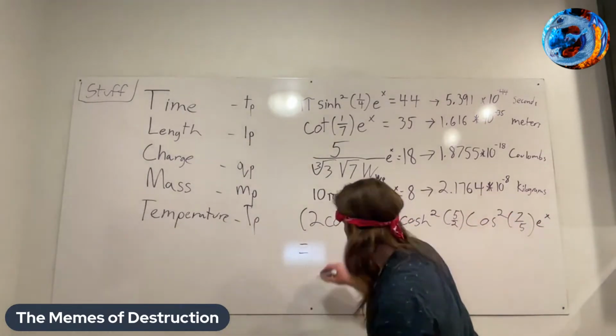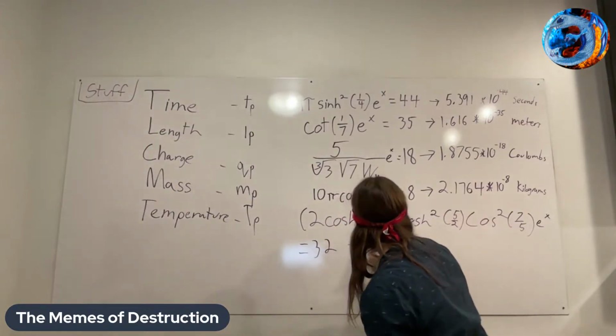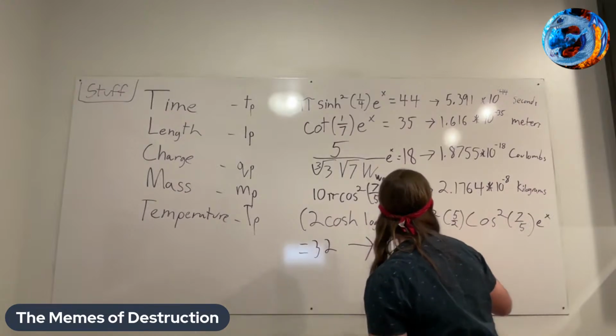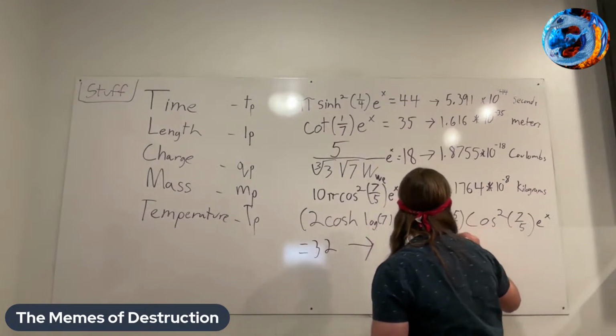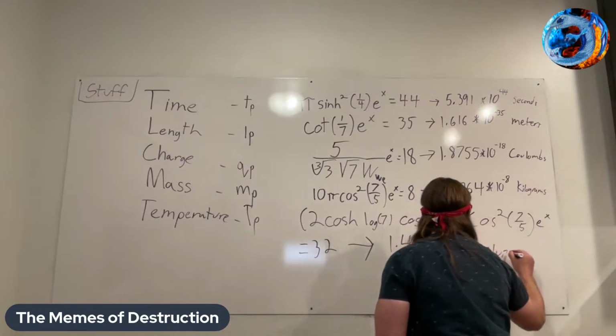And that gives us, set that equal to 32, leads us to 1.416 times 10 to the 32 Kelvin. Okay.